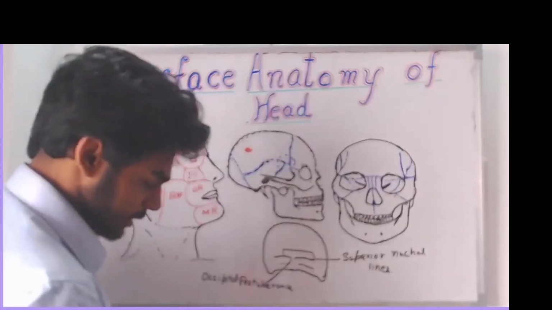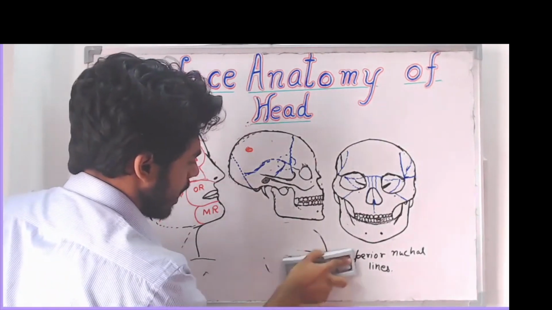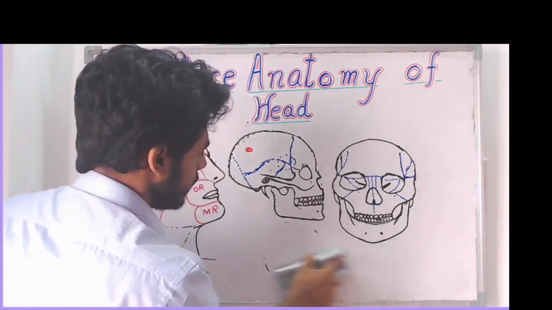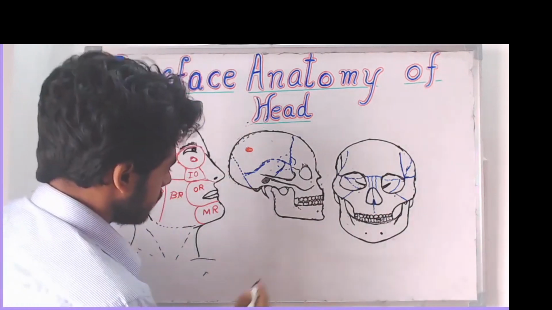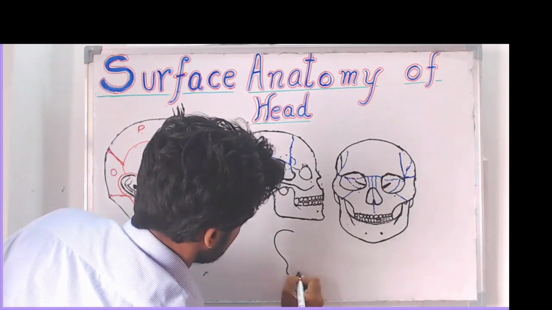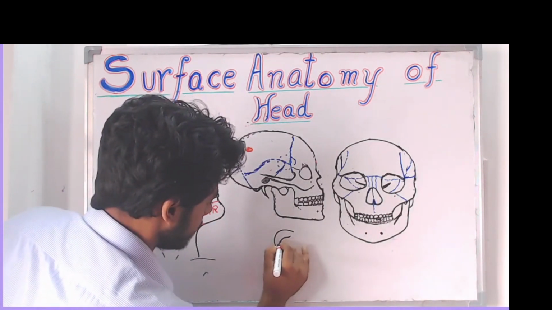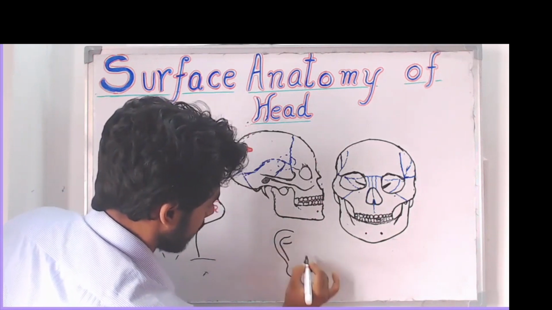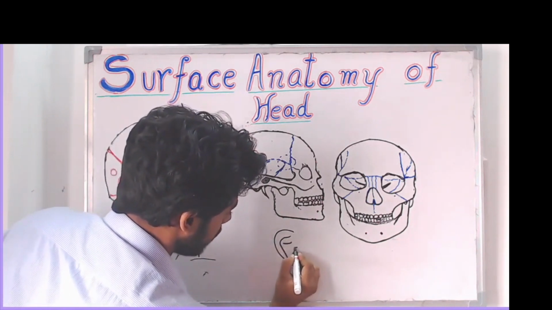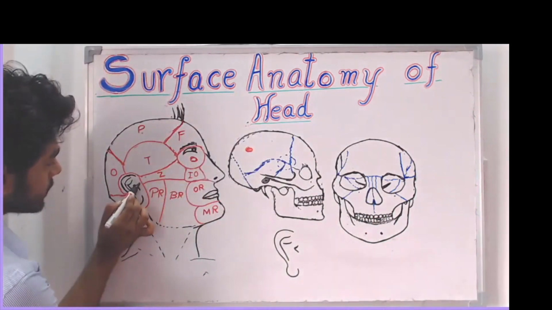When you look carefully at the ear, you see different parts are present. One is the helix. This is the lobe. This is the helix, this is the lobe, and we have the antihelix. And one more triangular part which is present here is known as the tragus.